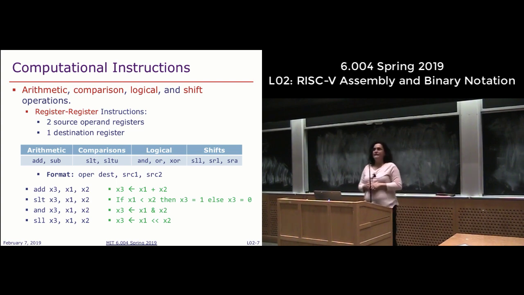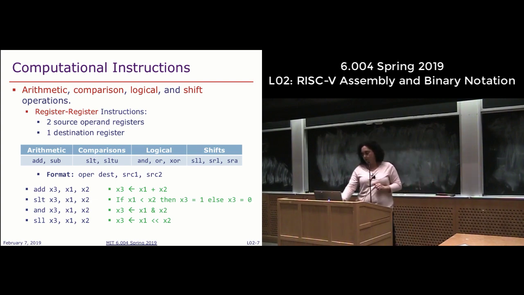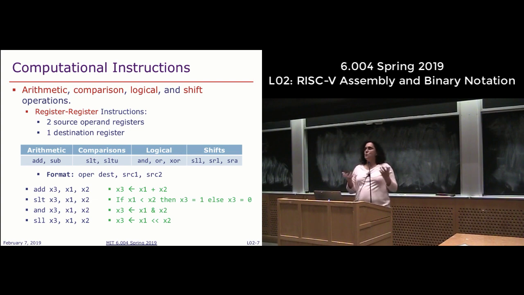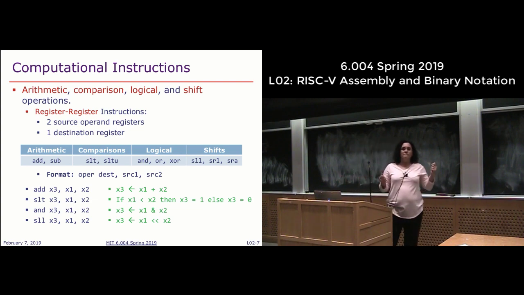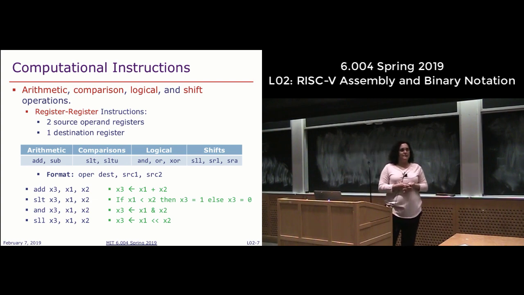And then, if we do an AND, we're basically going to do a bitwise AND between register x1 and x2, and then we're going to store that into x3. And finally, here's one last example, which is shift logical left, and we're going to see a couple of these actually implemented with some examples. But basically what this is saying is take the contents of x1, shift it to the left by the value that's stored in x2, and then put the result of that into x3.